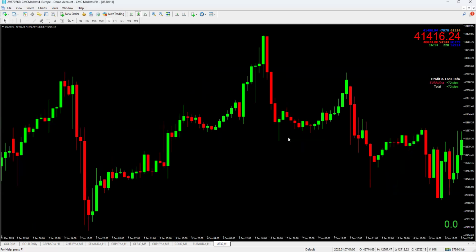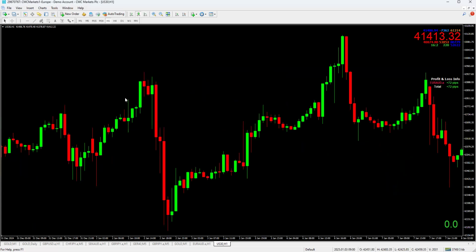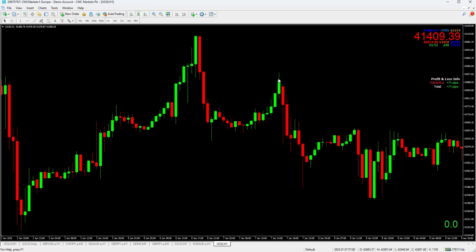This one, on the other hand, is the one sticking out on the left. You can see this candle. Let's consider this one as well. So consider these two candles. The one on the right is the higher one, whereas with this one, the higher one is the one on the left.